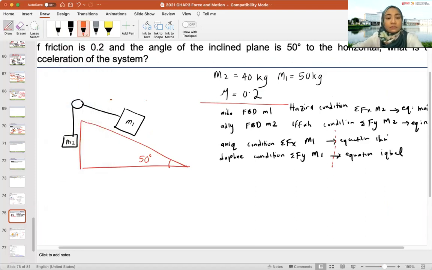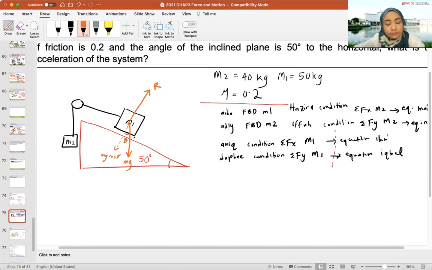First, we have the gravitational force to the downward, and then we have the normal force upward. Macam ni? Is it? Lepas tu ada apa? mg cos theta. Okay, where is that? Ke kanan ke? No, ke bawah. Okay. So we have this. And then sudut tu dia 50 degree.